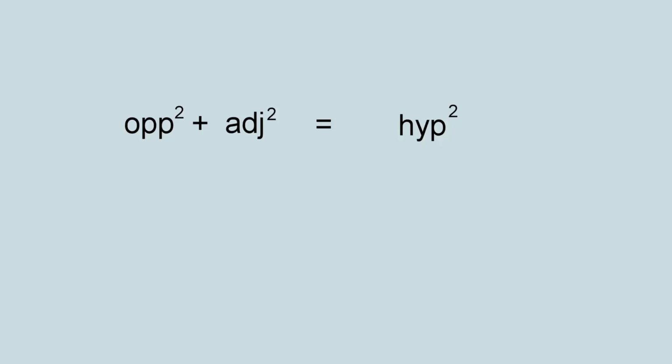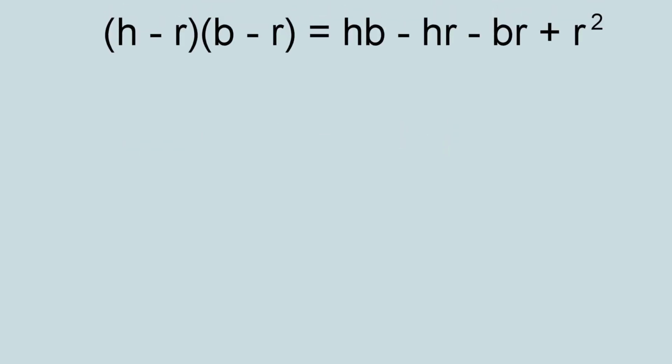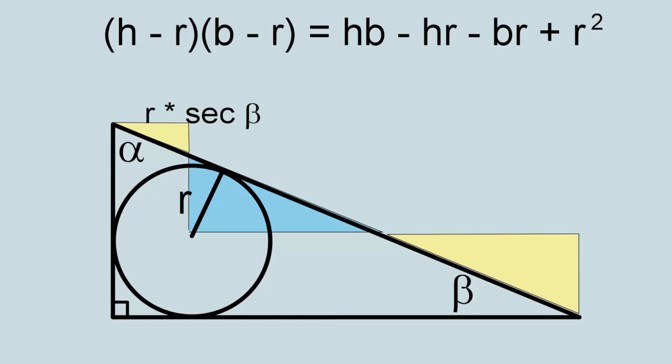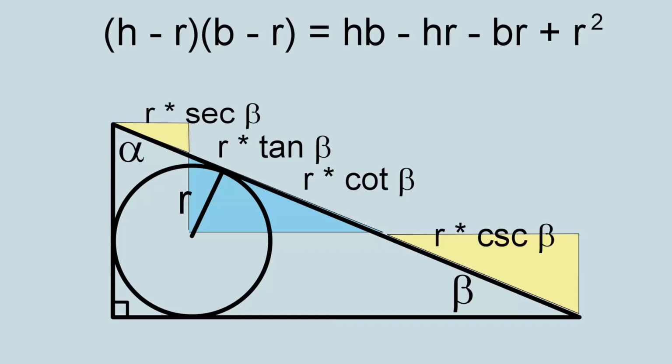So at this point we have determined that h minus r times b minus r results in a series of terms that are in fact equal to the area of the triangle. And we can apply that either by splitting the hypotenuse up into h minus r and b minus r and multiplying them together to determine the area of the triangle, or we can calculate h minus r as r secant beta plus r tangent beta, and we can calculate b minus r as r cotangent beta plus r cosecant beta.